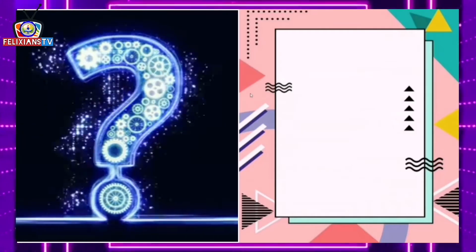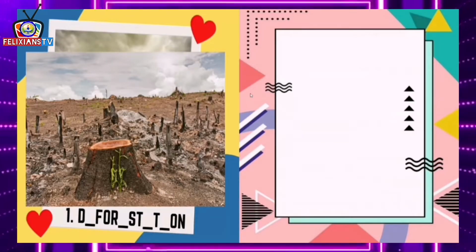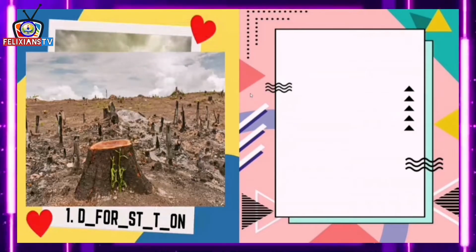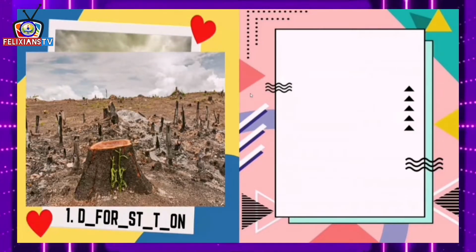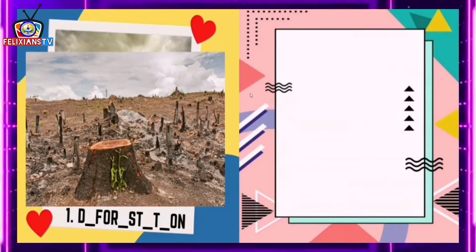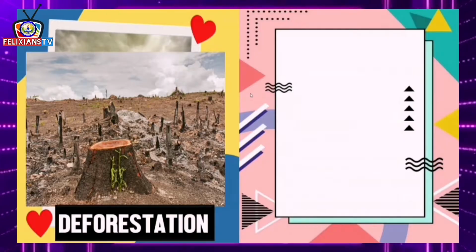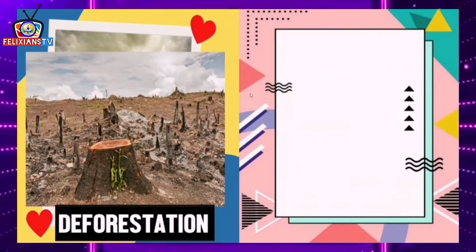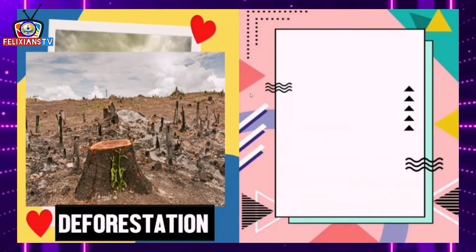Picture number 1. What type of social issue is presented here? The correct answer is deforestation. That is right. Which of the following is the cause and the effect?